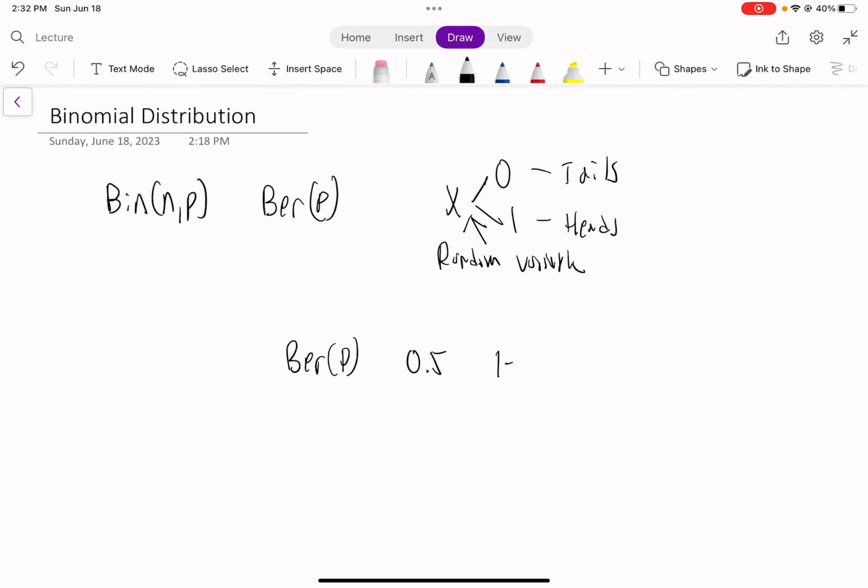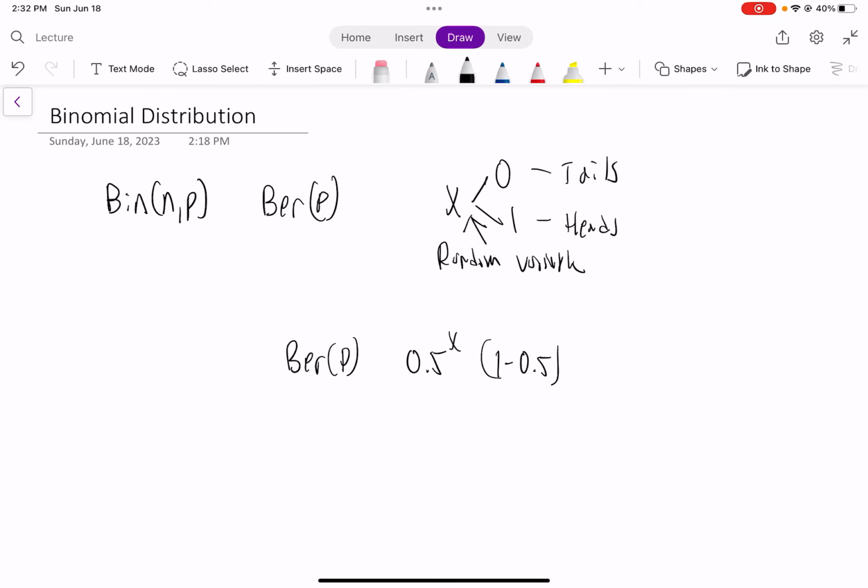Well, we got 0.5 here. But how do we make sure that if we flip a heads, that we get the 0.5 here? Well, let's denote x. X can take the forms of 0 and 1 because it is a random variable.